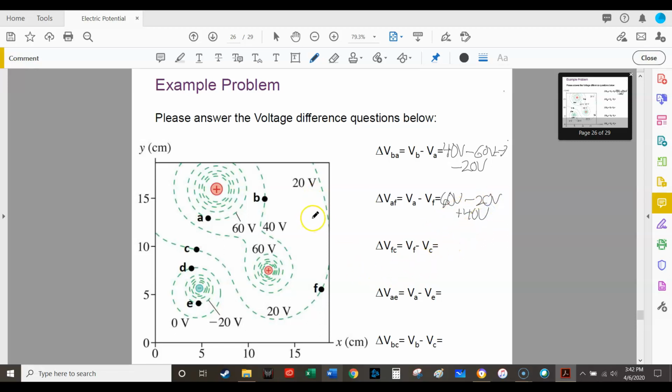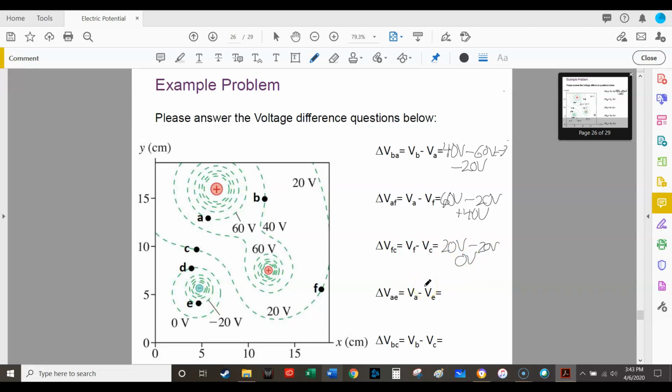All right. Cool. The voltage at F is going to be 20 volts. And the voltage at C is going to also be 20 volts. So 20 volts minus positive 20 volts is going to be 0 volts.